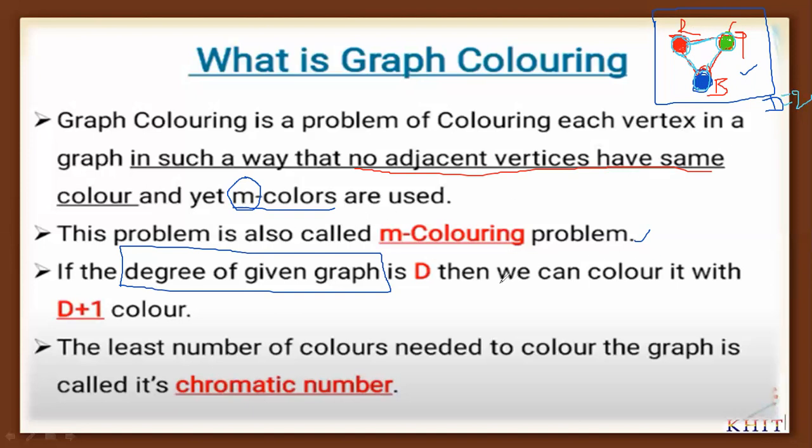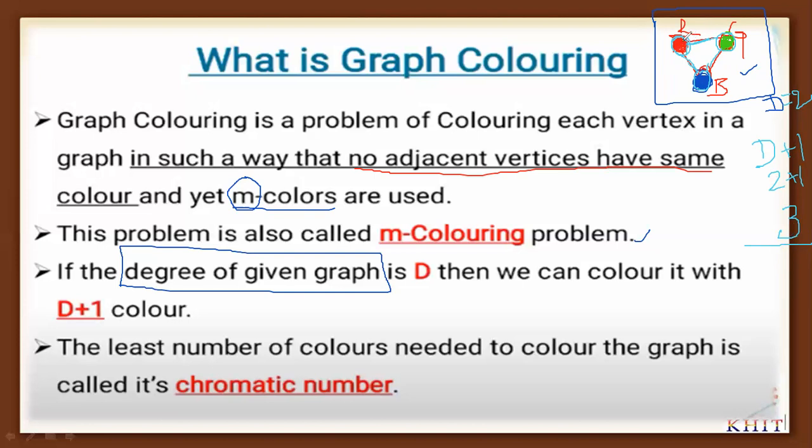But while coloring the given graph with m number of colors, I require a minimum of D plus 1 colors. That means 2 plus 1 colors are required for coloring the given graph. That means the total number of colors required is 3.